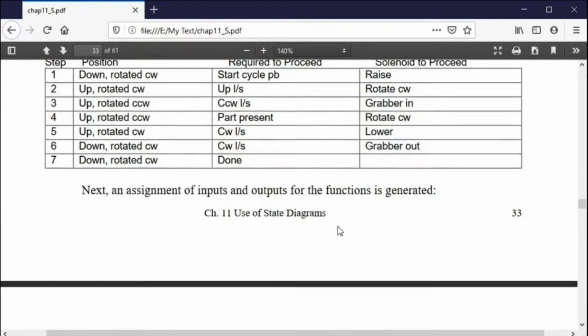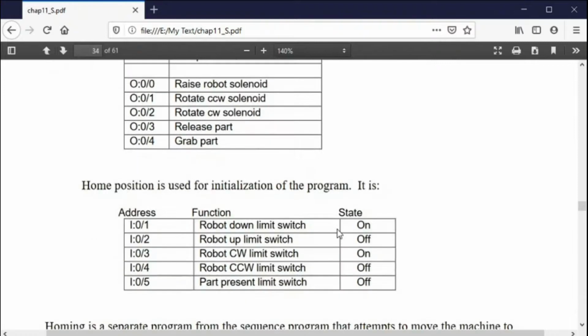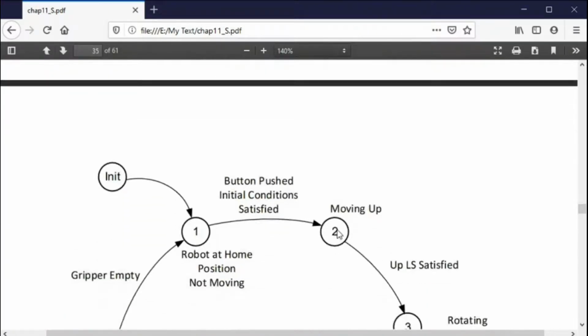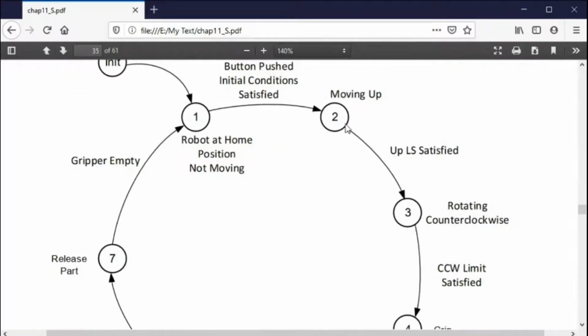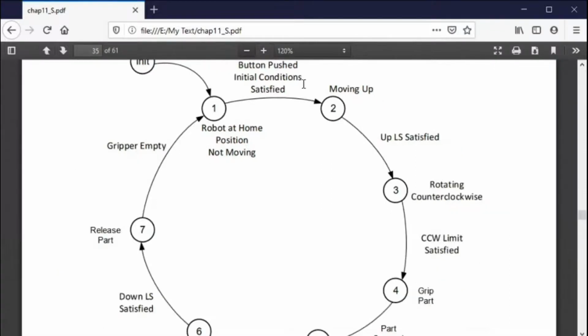It's also a sequencer. What are sequencers like? Well, sequencers are devices that go around in a circle in one direction, and they don't come back. They can't go backwards.